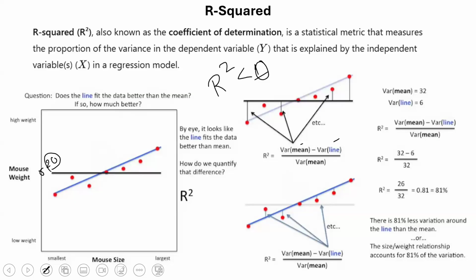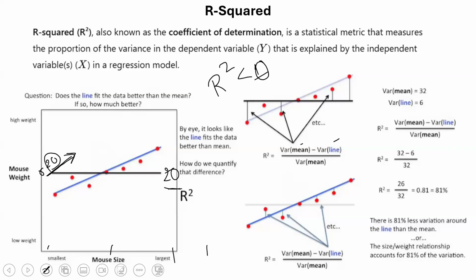So now, when you come up with only one value, which is the variance along the mean, let's say the mean is equal to 20 for these data points. So wherever the mouse comes, whether it is a large mouse, small mouse, medium mouse, or very large mouse, your model says the weight of the mouse is equal to 20.